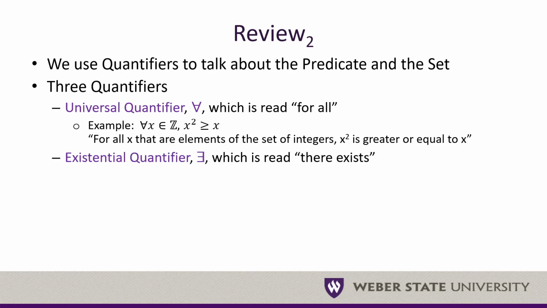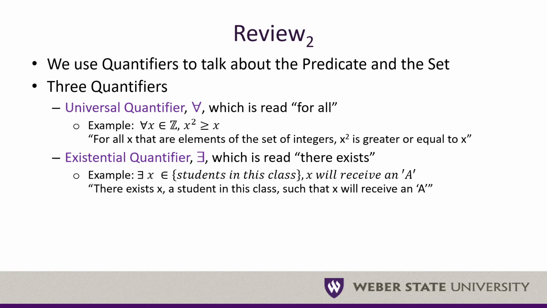Same thing for our existential. Does any exist? Are there any? Would be another way to look at this. There exists. So, is this going to be true or false? There exists an X, an element of the students in this class, such that X will receive an A. True or false?